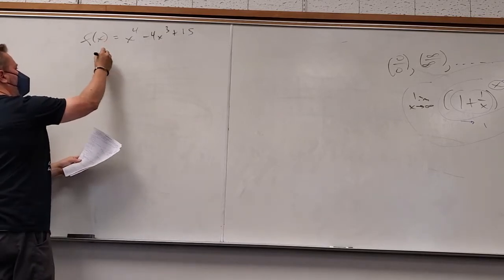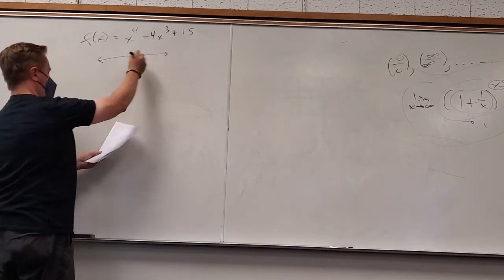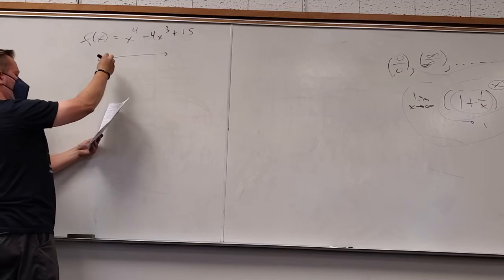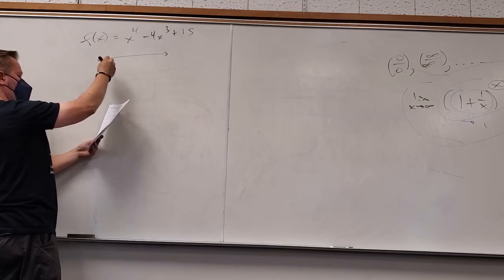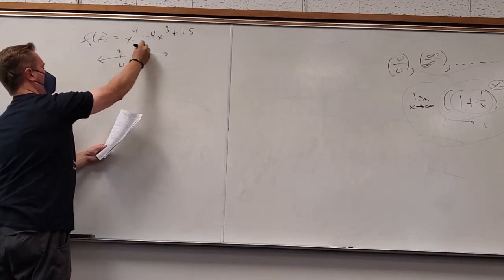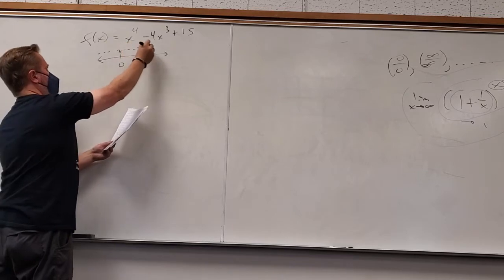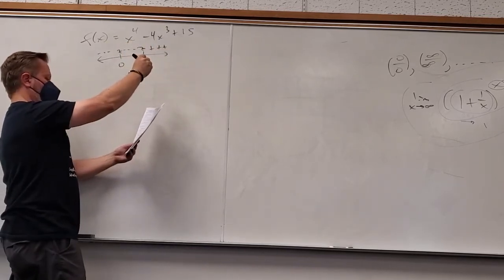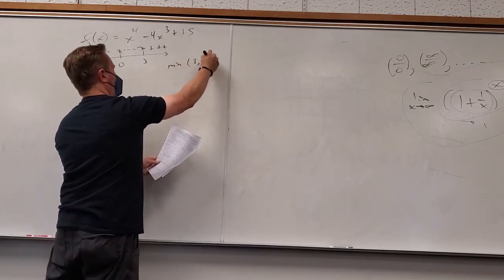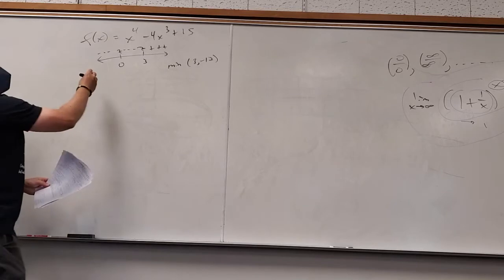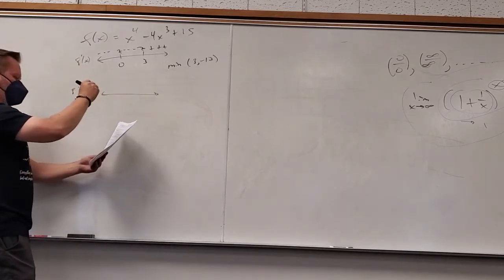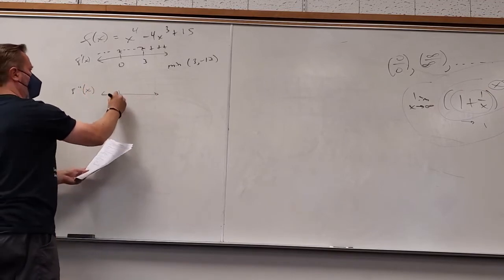So I got my sign diagram. It looks like this. 0, 3, so I got a min at 3, -12. Okay. So I'm just kind of collecting what I've done. Then I got my second derivative sign diagram. It looks like this.